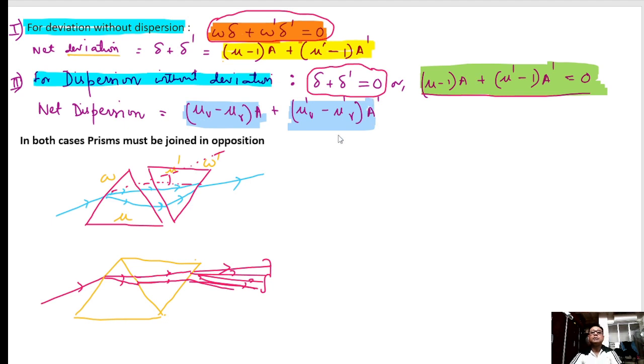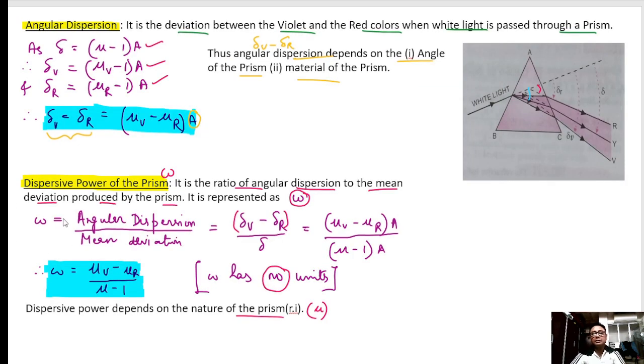It is our omega, and this is our omega dash. So this is the net dispersion. This is our angular dispersion. We have to keep this formula in mind.